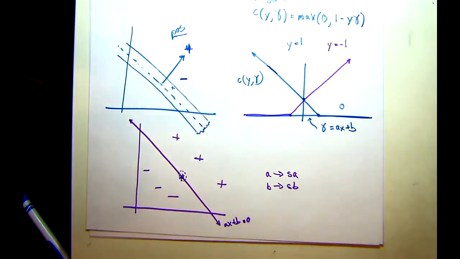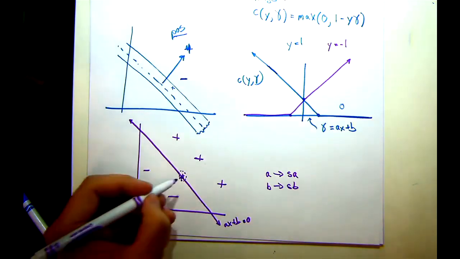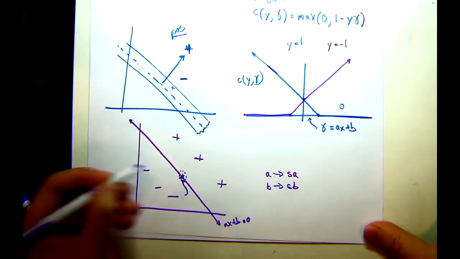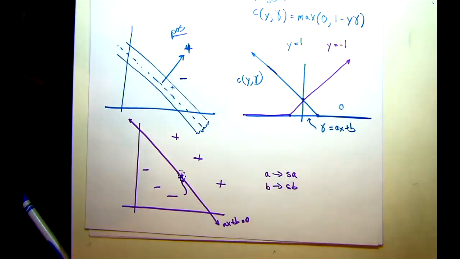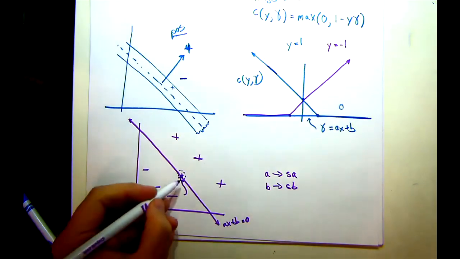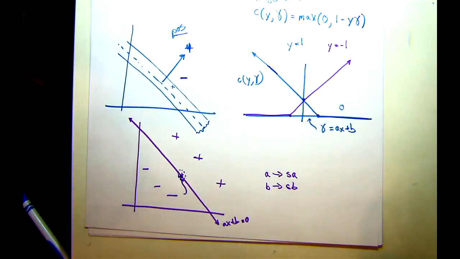So if we scale up A sort of arbitrarily, this cost right here of getting this one wrong scales with the size of A. So the bigger A is, the more the cost on future data that we'll have to pay. Because now we've made a mistake that if we make A very small, is going to cost us very little. If we make A really big, it's going to cost us a lot.